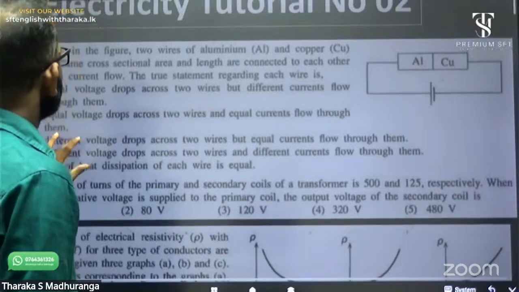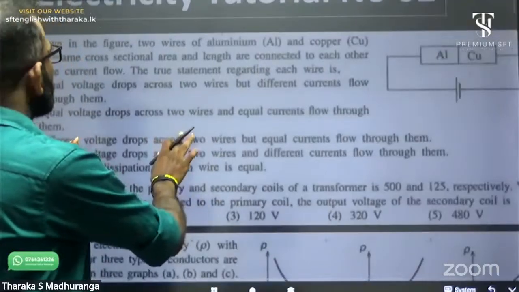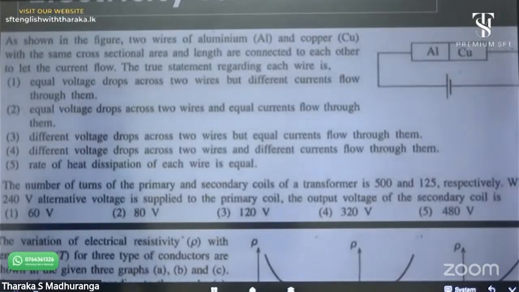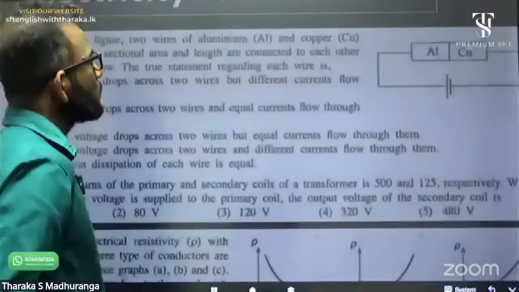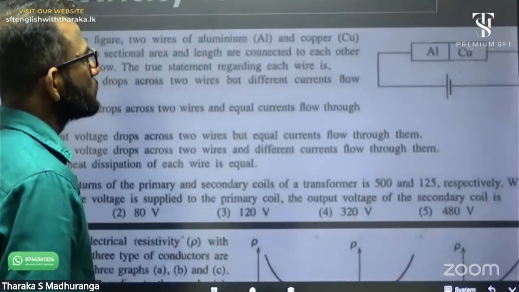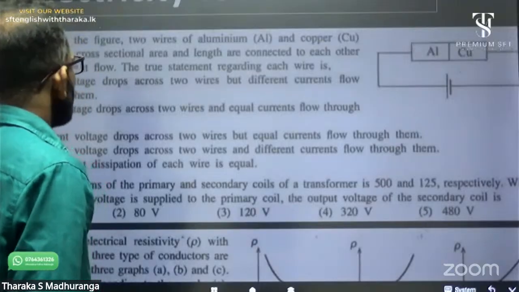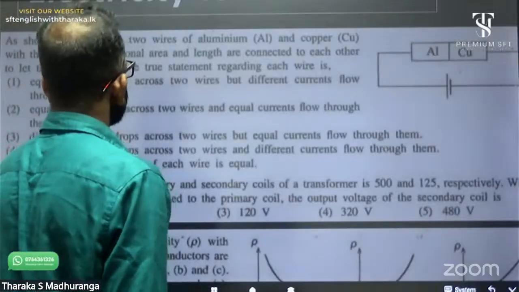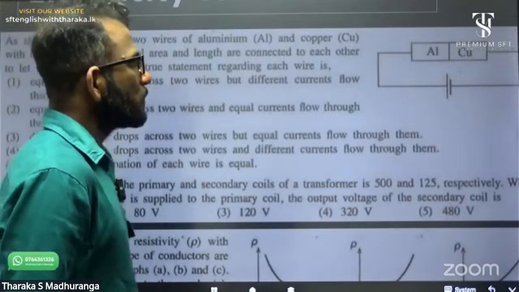These are MCQ past paper questions. Two wires of aluminium and copper with the same cross-section area and length are connected to each other to let the current flow. The true statement regarding each wire is: equal voltage drop across the two wires but different current flow into them.